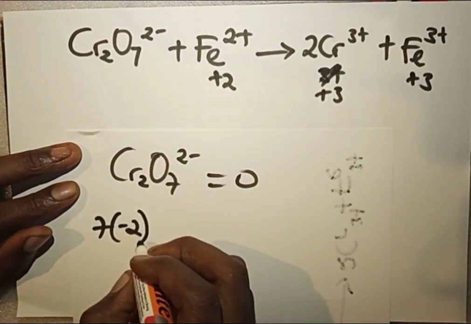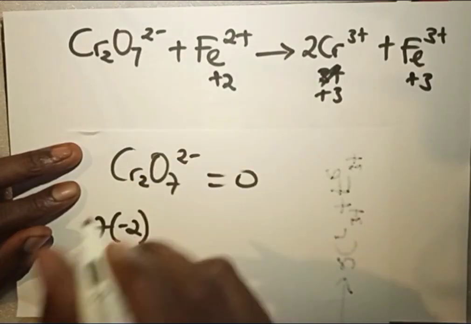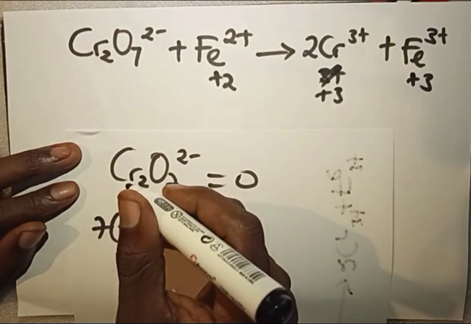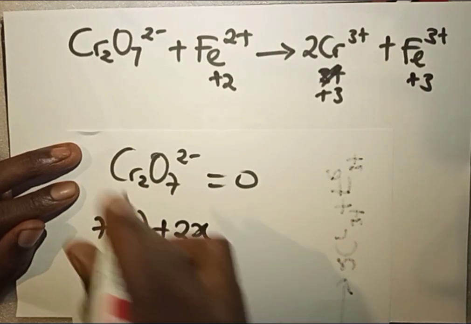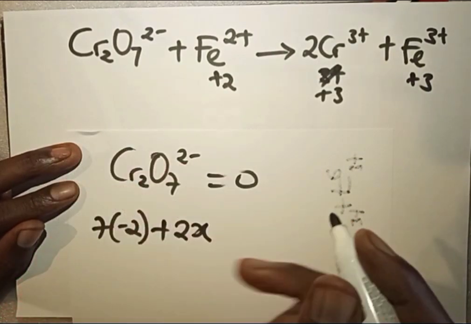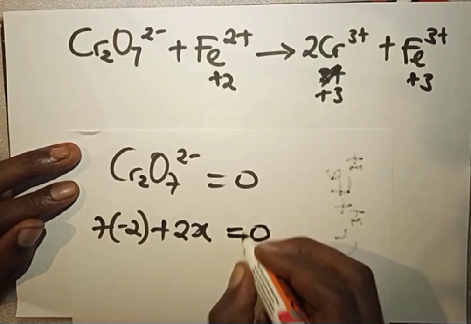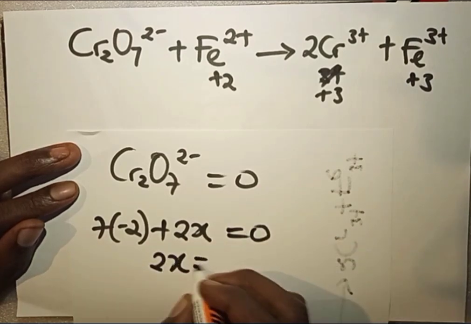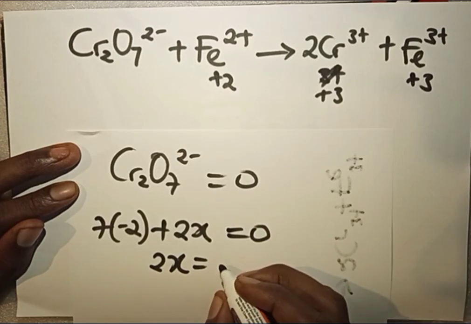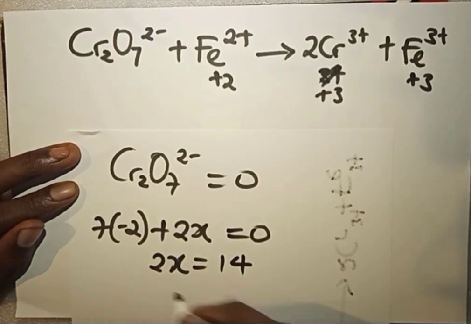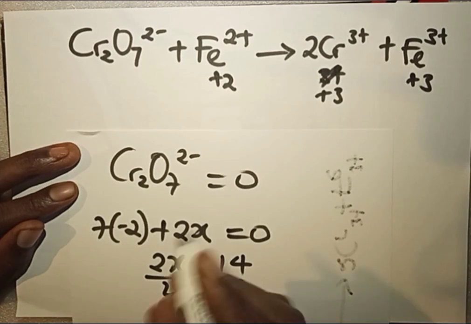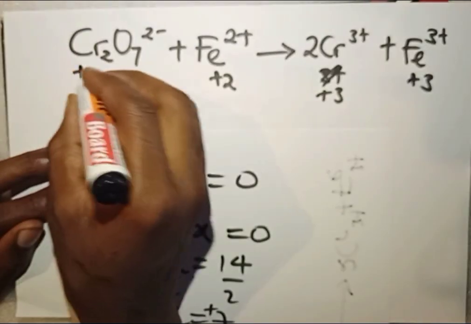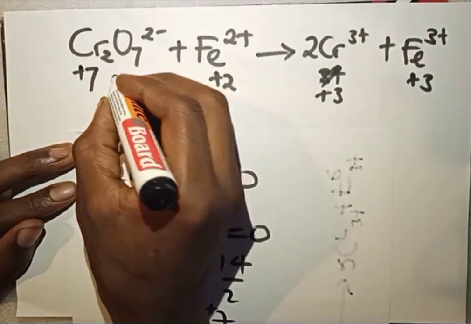The oxidation number is -2, not this -2, but the -2 that oxygen has in its compounds. Plus 2, since we don't know the oxidation state for this element, we're going to put x. This will be 2x equals, when this crosses the equal sign, positive 14 over 2, meaning x is equal to positive 7. Therefore, this is positive 7, this is -2.